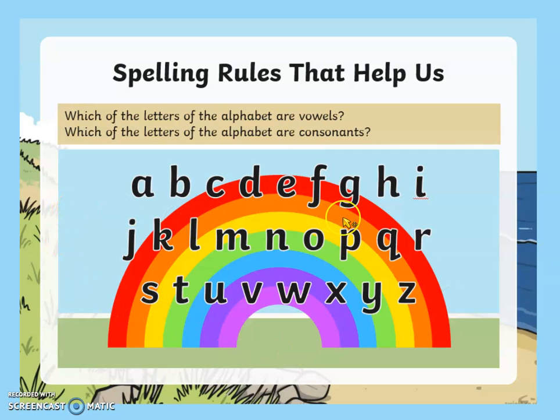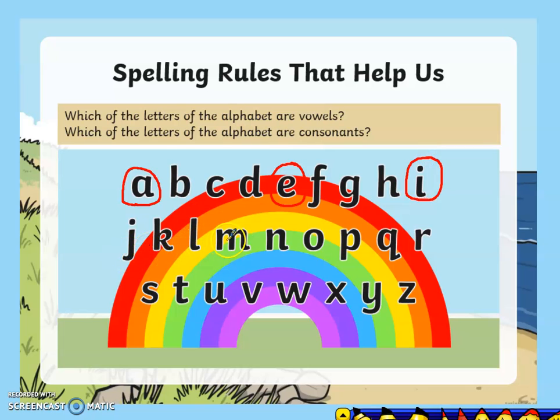Let's have a look at the alphabet together. What letters are vowels? Who can help me with the 5 vowels? We're going to look through them and try and circle them together. A. A is our first vowel. A, B, C, D, E. E is another vowel. F, G, H, I is another vowel.